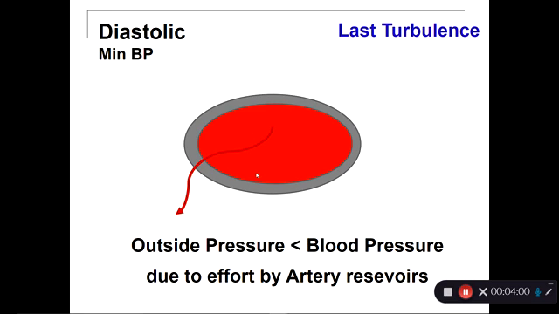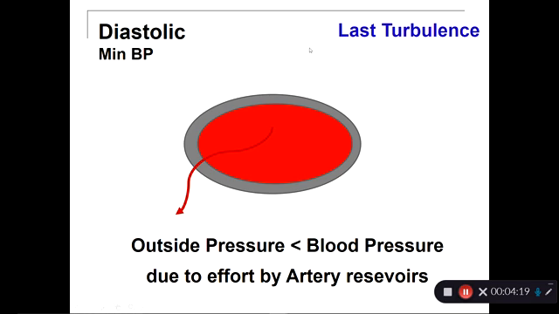It continues to make turbulence as you release that pressure slowly, until finally there's one last bit of turbulence, and you wait maybe a millisecond to make certain that was the last one, and then that last millisecond later is your diastolic pressure.